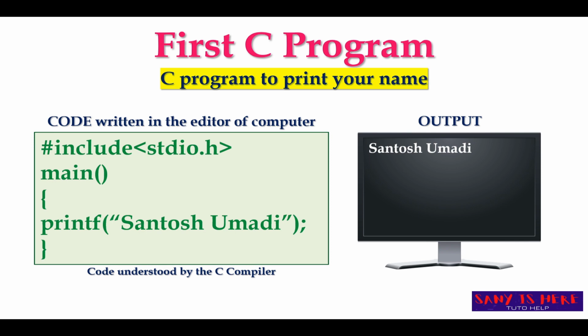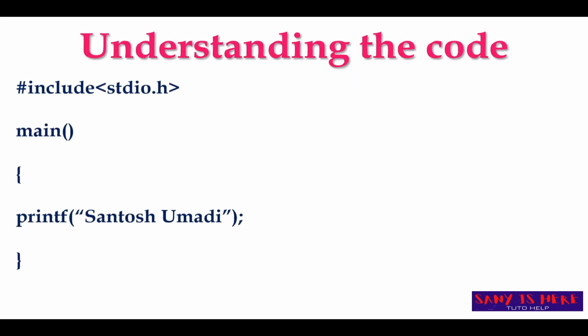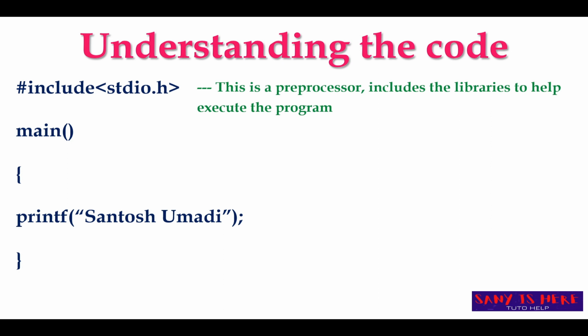Let us discuss what these lines are. I have written 4 to 5 lines of code. Let us see what #include is. #include is a preprocessor, meaning every C program starts with #include.